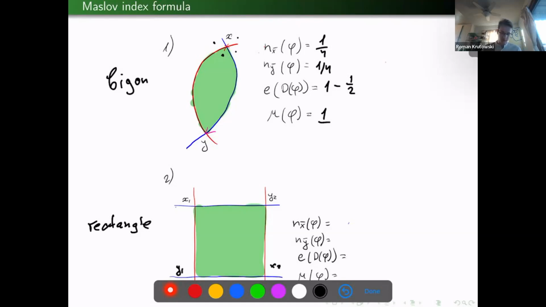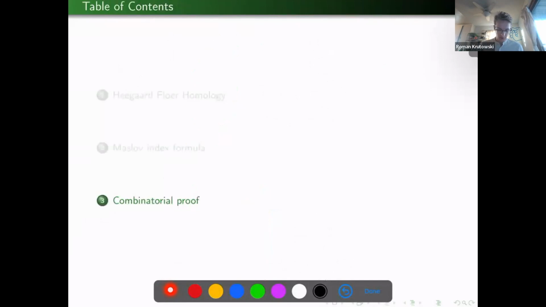Again, for nx, we see just 1/4 and 1/4 for each of these regions, so we get 1/2, same for y, 1/2 here. The Euler measure would be 0 because we have to subtract 1/4 four times, and we again arrive at 1. So for both of these regions, the Maslov index is equal to 1, according to Lipshitz's formula.